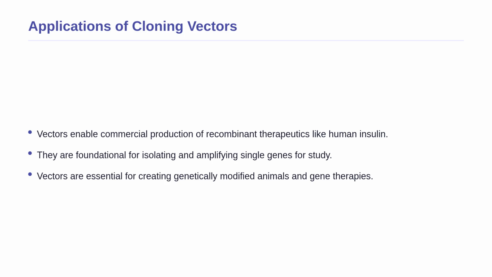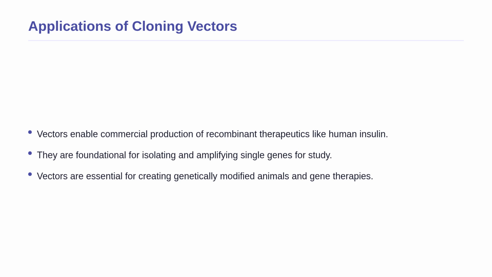Having seen what a vector looks like, you might wonder why they are so incredibly important to science. The invention and refinement of cloning vectors completely revolutionized modern medicine, agriculture, and biological research.